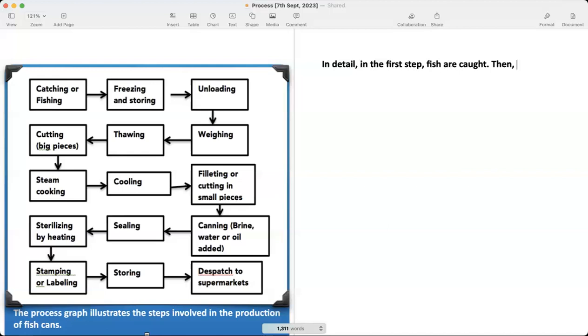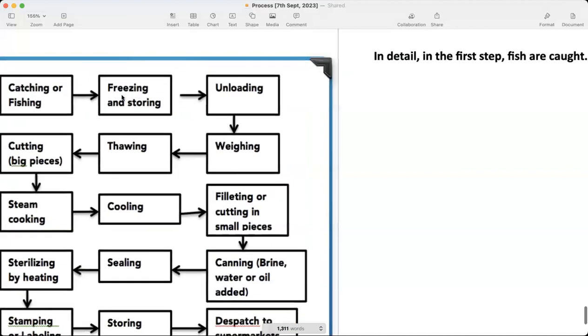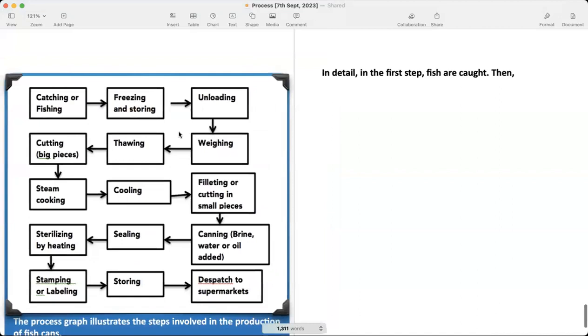See what's happening here. Then we freeze the fish. What are we freezing? Storing. What are we storing? Then we store the fish.